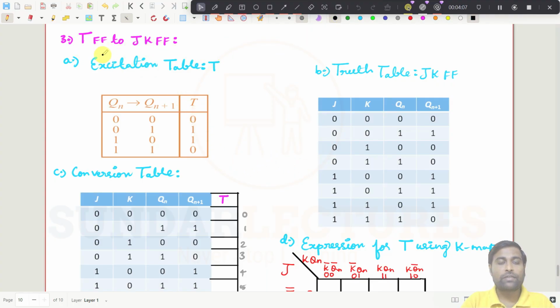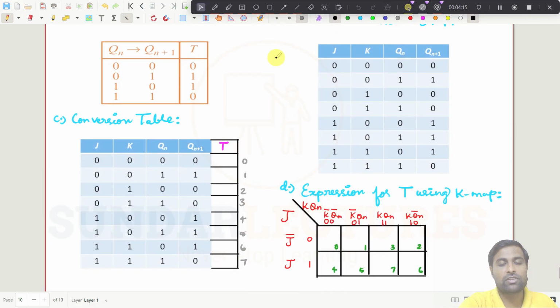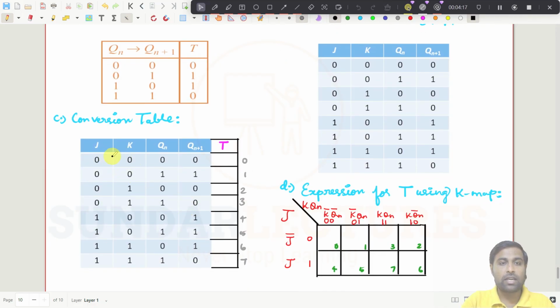So what we need to do, we need to take the excitation of the T flip flop and the truth table of the JK flip flop, and I have taken both things, and you can see here the conversion table. It has JK and then Qn plus 1, and we need to derive the T for this present state and the next state.